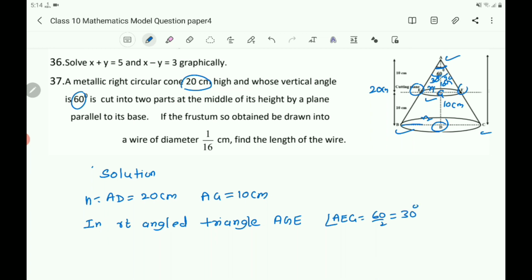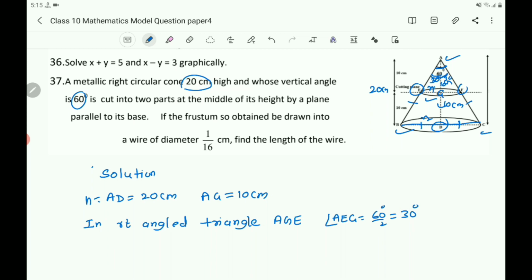Know that this is the base that is bisected by the AD, so these two are equal. Here the vertex angle is divided by the altitude AD, as AD is the altitude and it bisects the base BC, and you know that these two are equal and this angle is bisected, so you take 60 by 2, that is 30 degree.